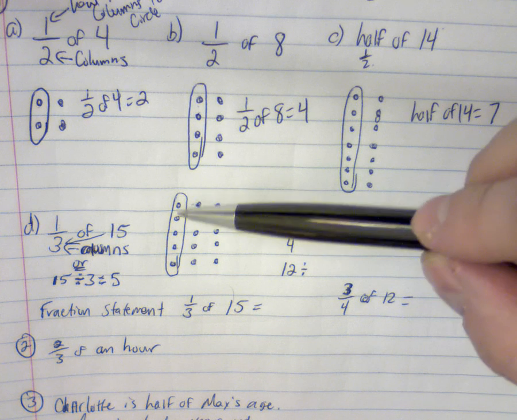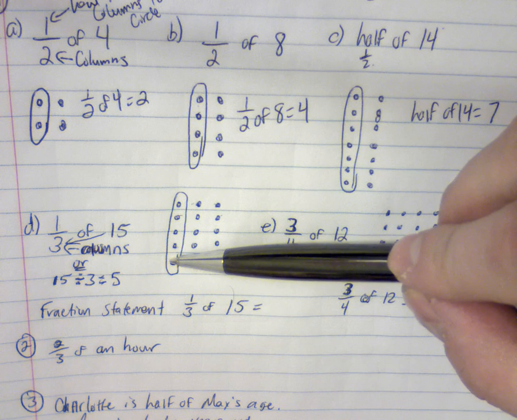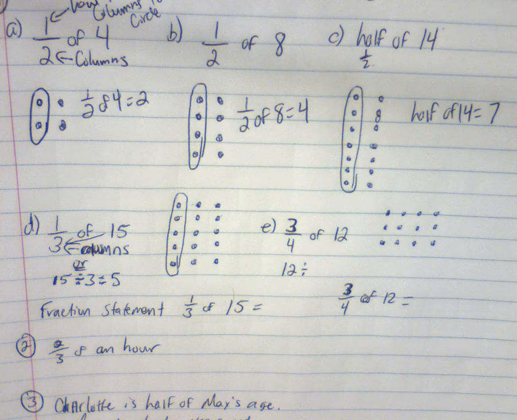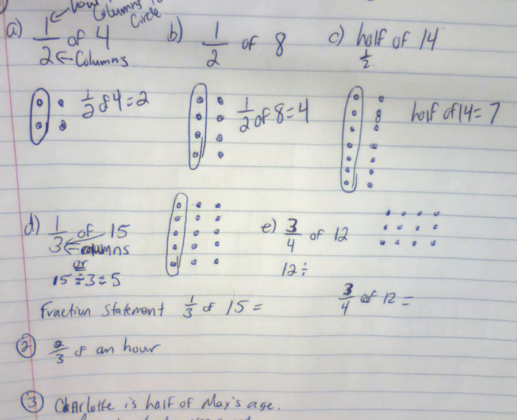Well, let's take a look at what I circled. 1, 2, 3, 4, 5. So 1/3 of 15 equals 5. Alright, I'm not even going to circle the next one. I just drew the dots so you can have proof of what I am doing.